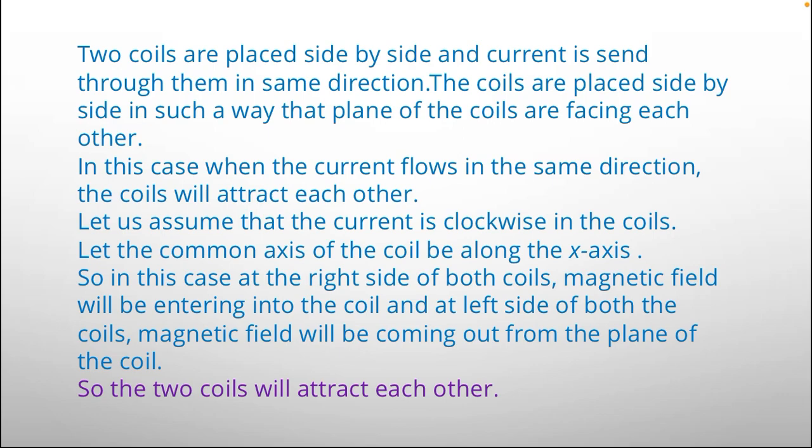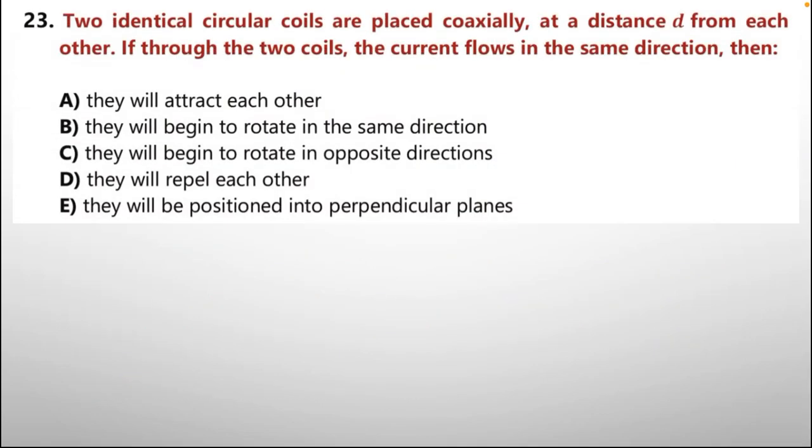So in this case, at the right side of both coils, the magnetic field will be entering into the coil, and at the left side of both of the coils, the magnetic field will be coming out from the plane of the coil. So the two coils will attract each other. You getting that explanation? Option number A, they will attract each other, is the correct option.